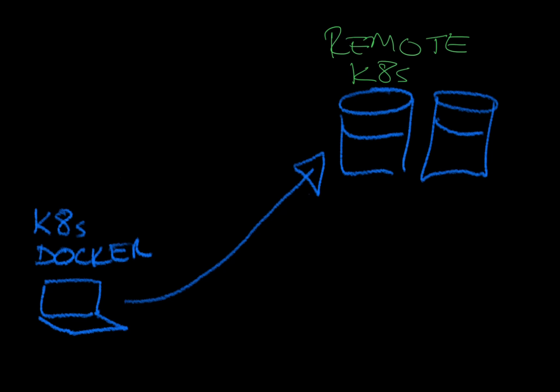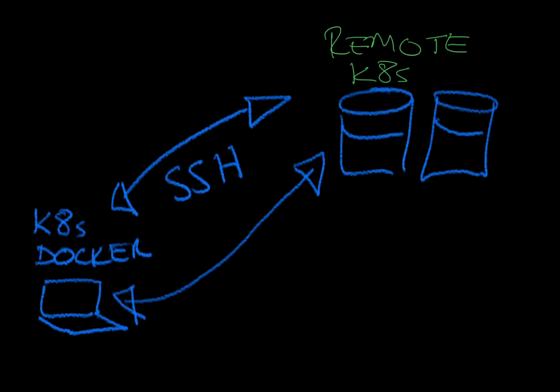I'm going to communicate over SSH. So I'm gonna create a tunnel over there that is going to allow me to communicate to and from the remote Kubernetes, but seamlessly all through the CLI, right? Just using the shell. So that's the idea. That's what we want to achieve, and we'll see how we can do that.